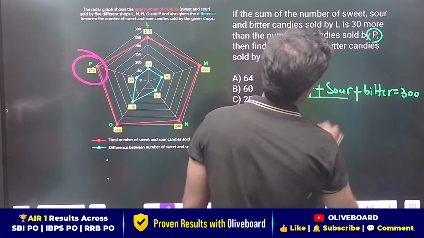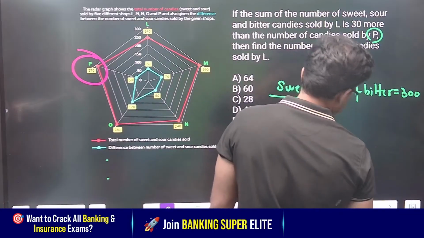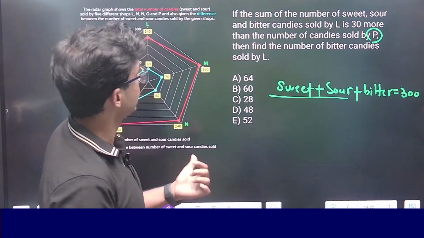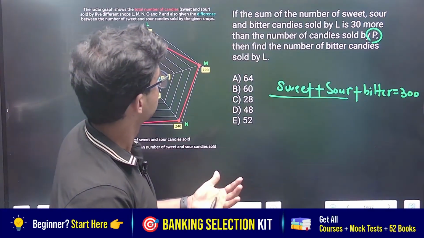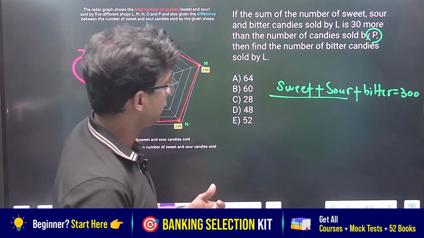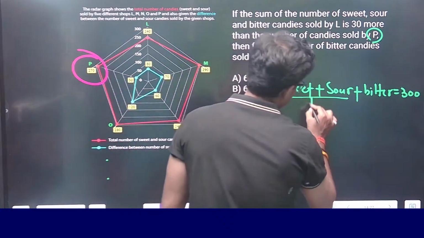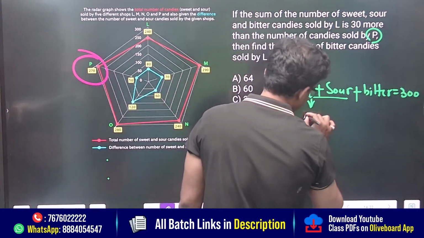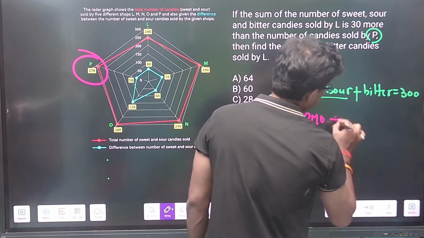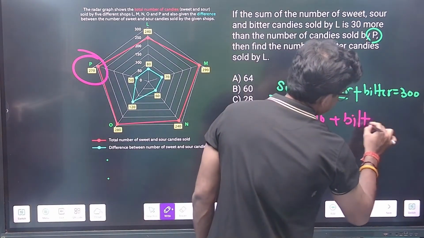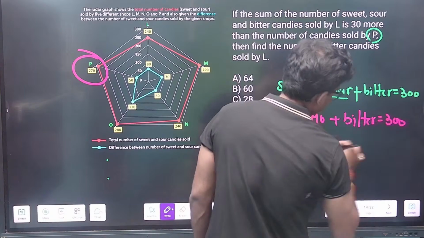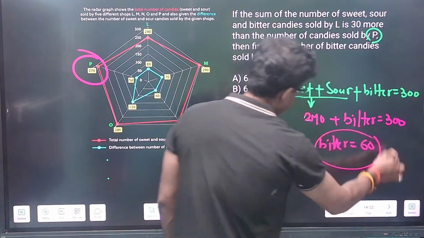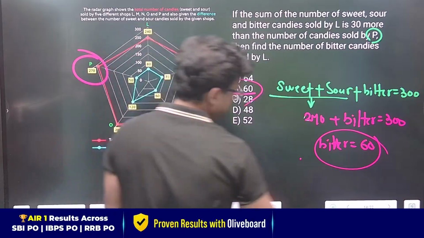Sweet plus sour is how much? Sweet plus sour of L is basically 240. Bitter, 60. Option number B.